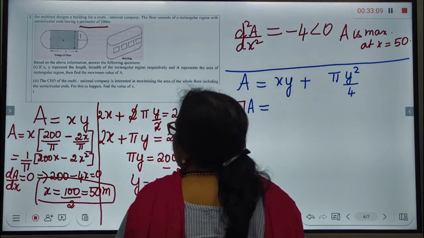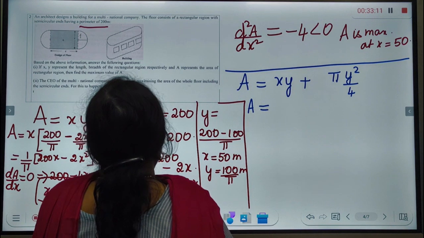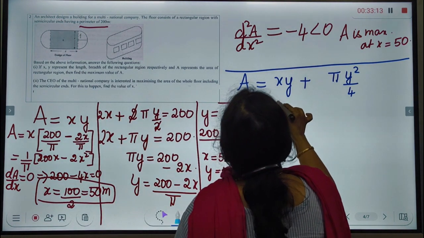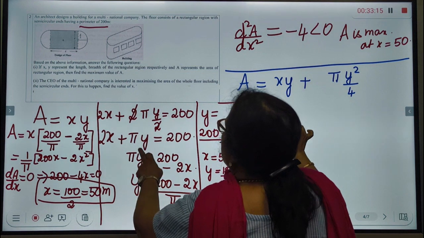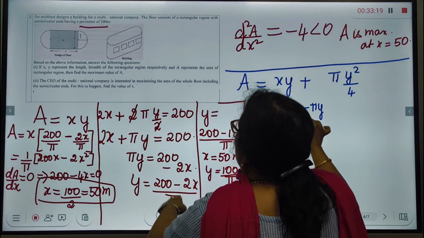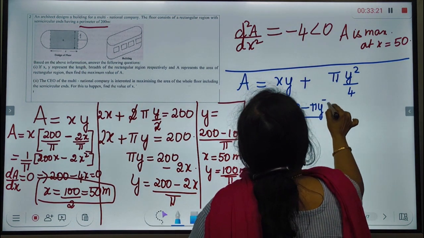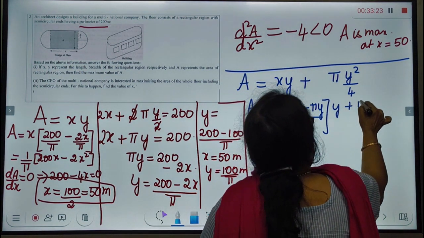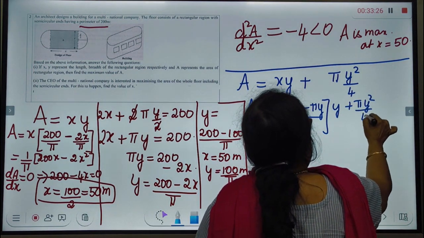I'll substitute for x. What is x from here? (200 minus pi y) by 2 will be easier to substitute for x. So (200 minus pi y) by 2 into y plus pi y square by 4.